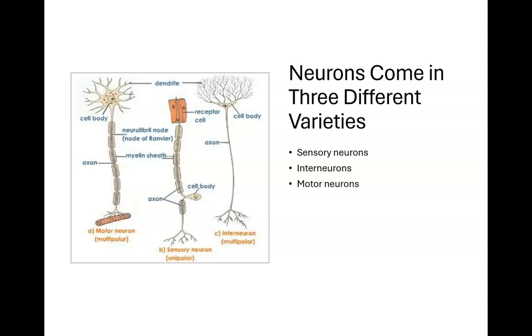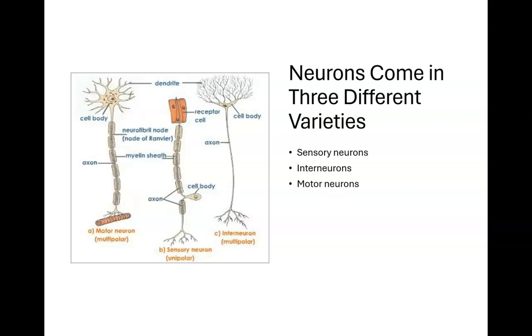Motor information comes from the brain, and so for this reason, sometimes motor neurons are referred to as afferent neurons. Sensory neurons are sending information to the brain, and thus they are sometimes referred to as efferent neurons. Now, we also have interneurons. Interneurons are cells that are entirely contained within a given structure.